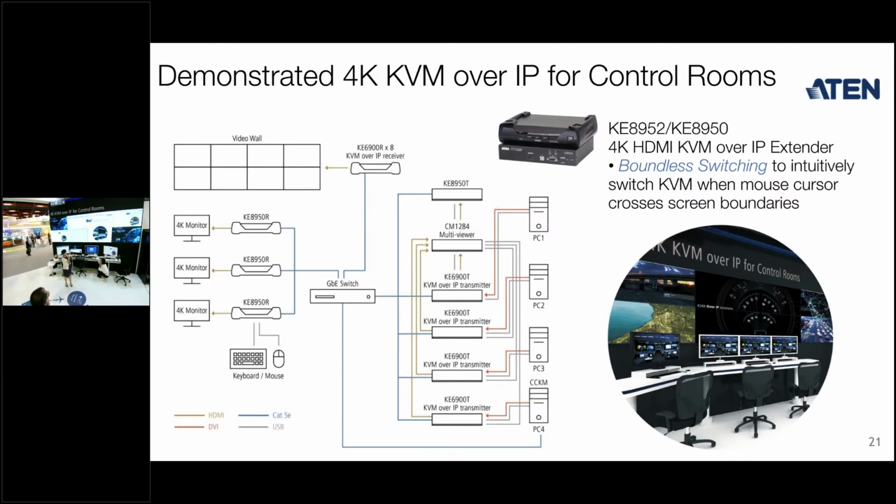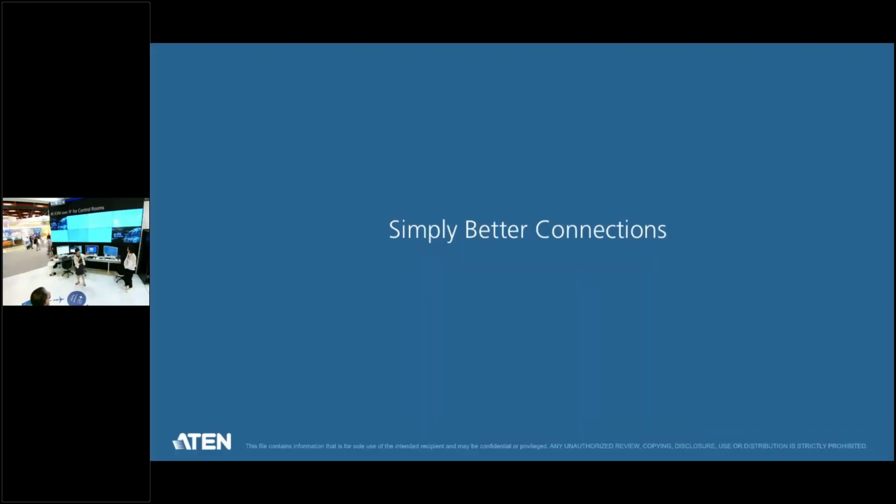Just a summary. I covered 3 areas. Server room, I talked about the cloud and edge, and I talked about security. Not only for the server room, I also talked about the new secure KVM switch for the desktop user. So this addresses the cyber threat everywhere issues.